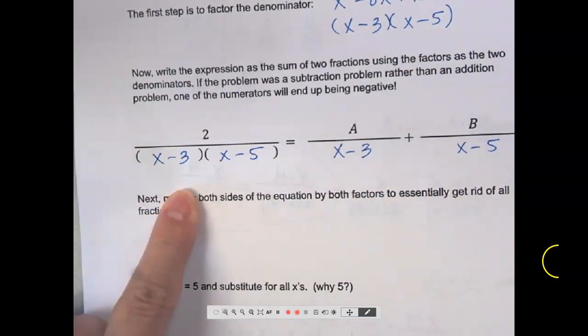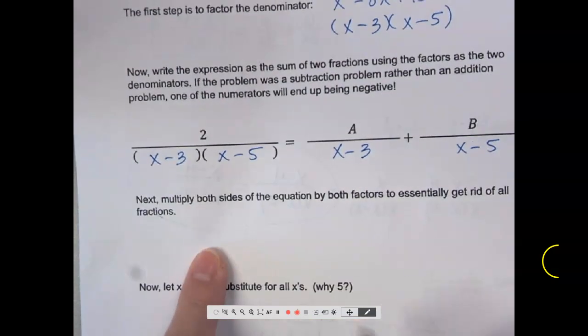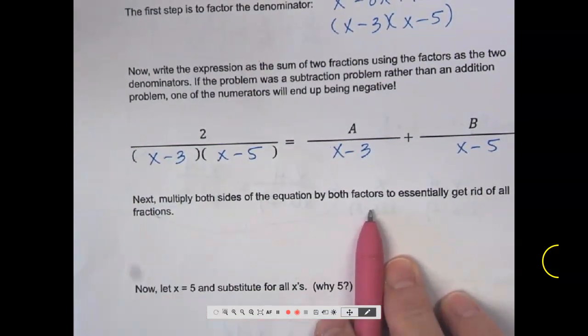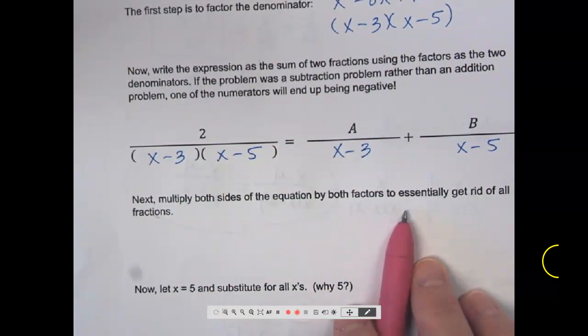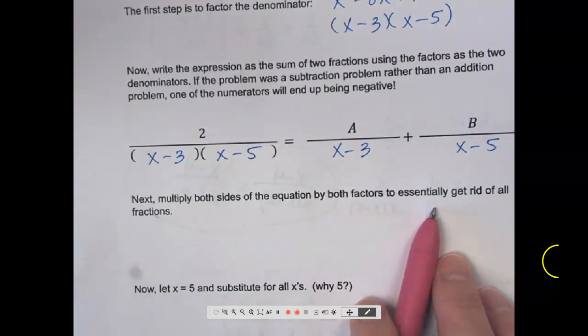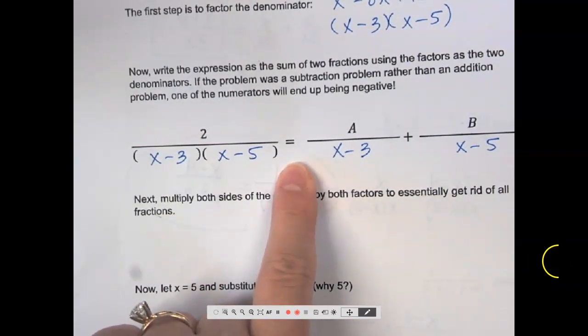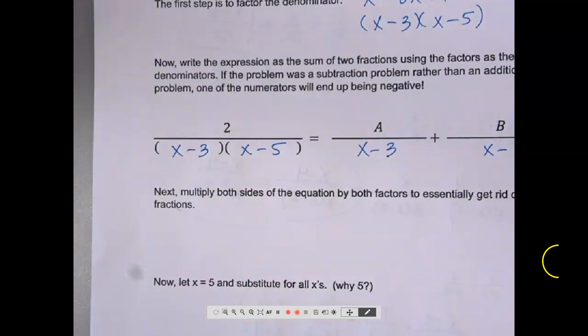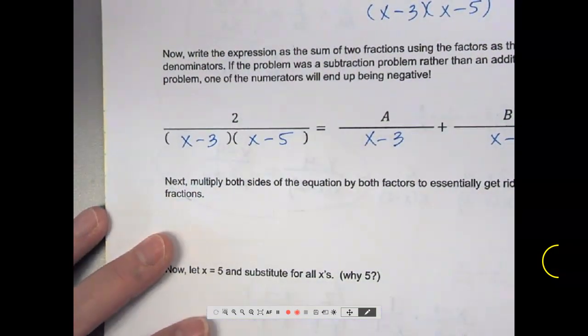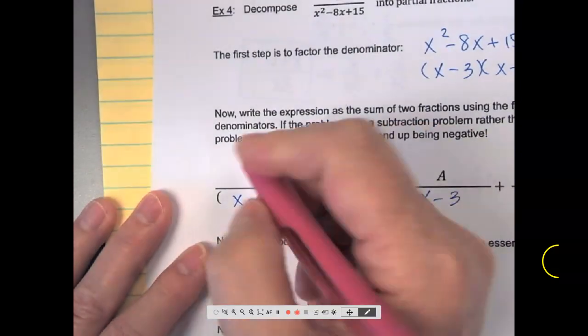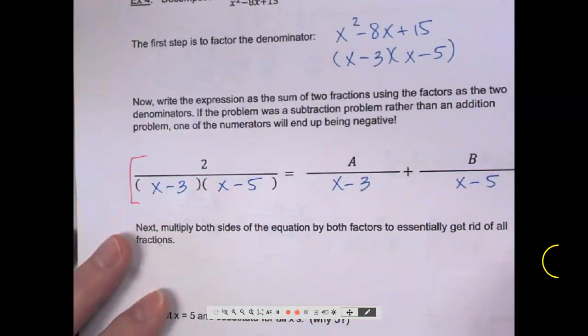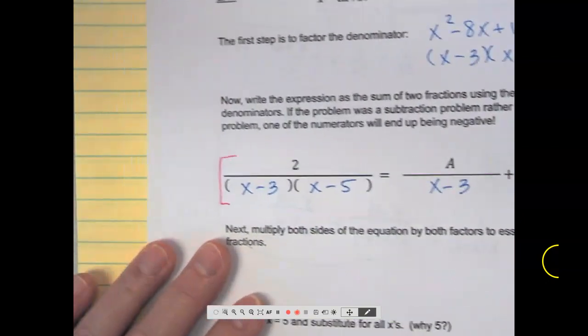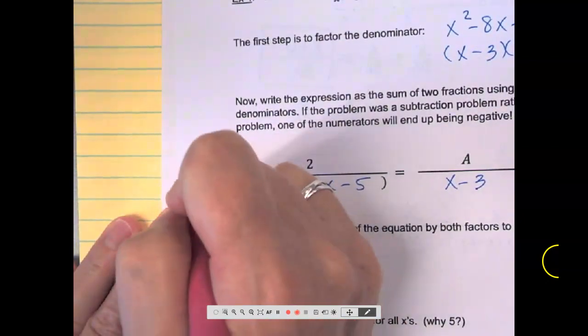So my least common multiple is here. Okay, so next step, multiply both sides of the equation by both factors to essentially get rid of all fractions. And again, I can do that because it's an equation, not an expression like we had on the previous page. Okay, so I'm going to take this whole equation here and do exactly what we did yesterday with it.